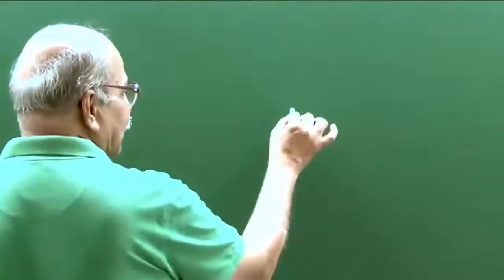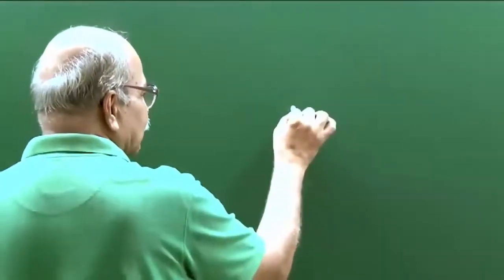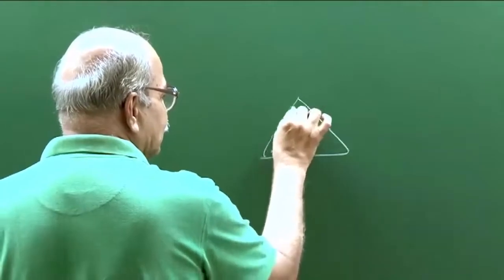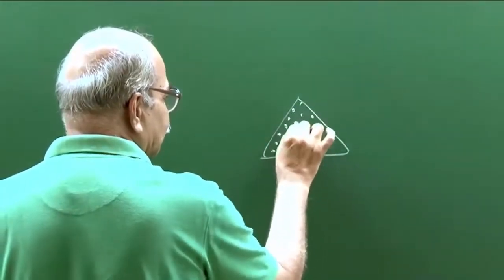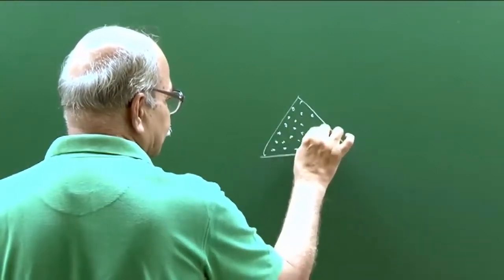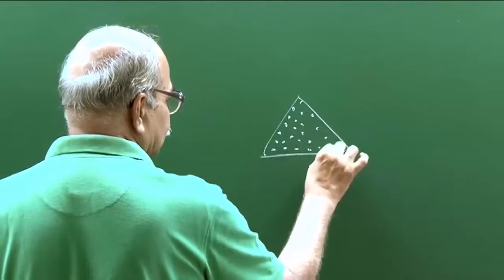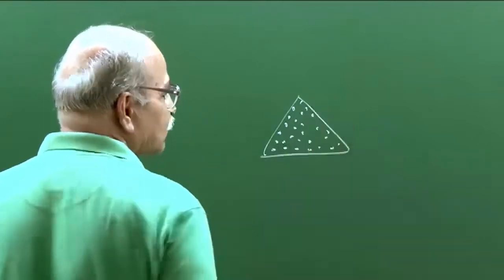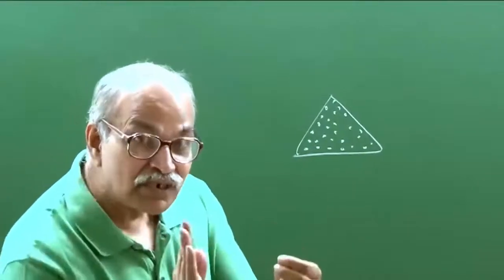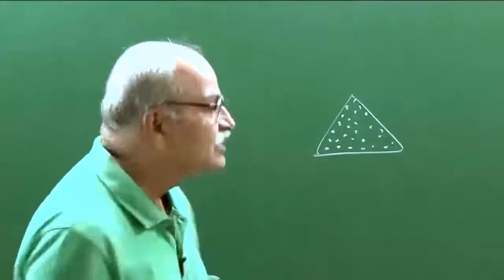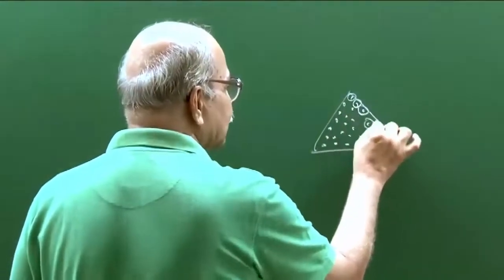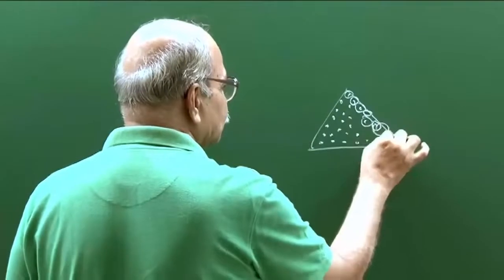Suppose your opening is triangular. You take these as the points. This is all triangular. Each point is making a circular disc, but if the screen is close, those discs are small. So you have a disc like this, a disc like this, and so on.